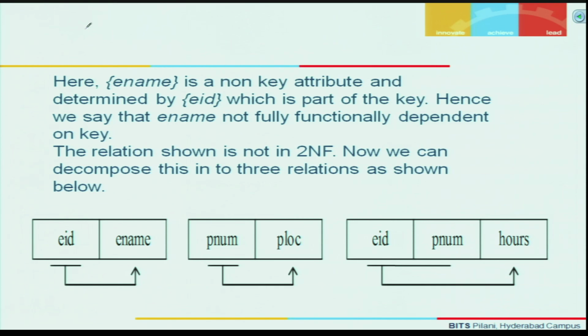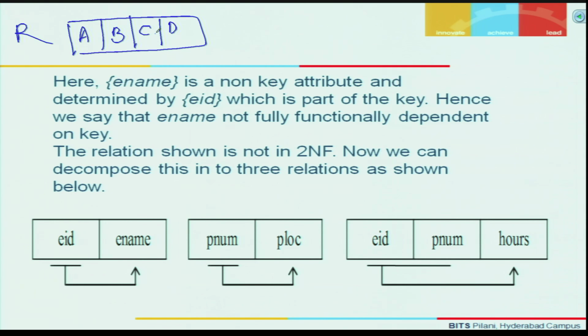For example, let us assume that there is a relation R which has A, B, C and D as the attributes, and A determines B, B determines D, A determines C and B determines D. These are the functional dependencies.